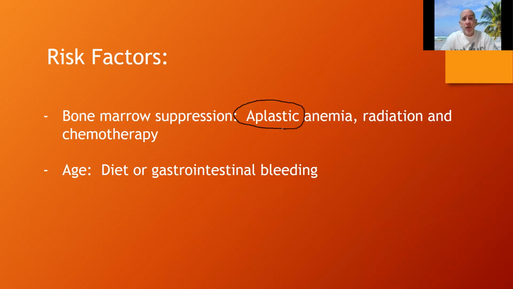If you have something attacking the red bone marrow, whether it be cancer, radiation, or chemotherapy, anything killing off the capacity of that red bone marrow to manufacture red blood cells is going to result in anemia. That's why cancer patients very commonly look extremely anemic, if you ever see them.